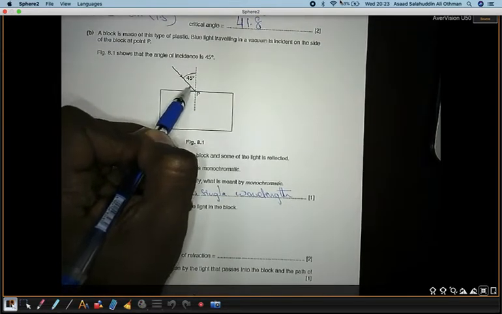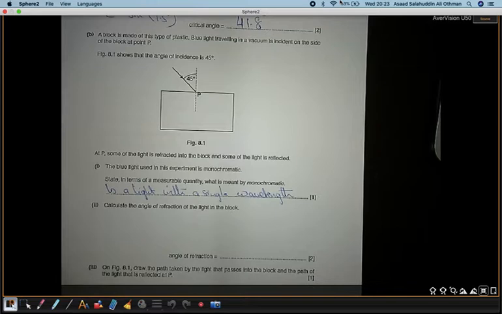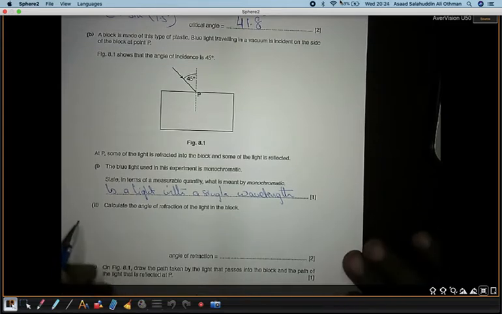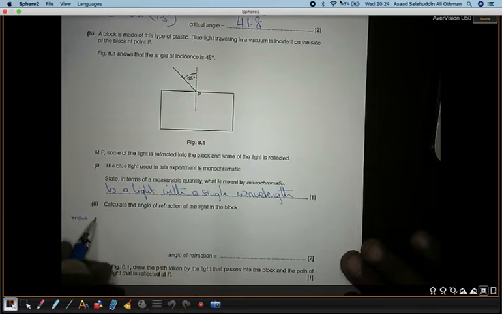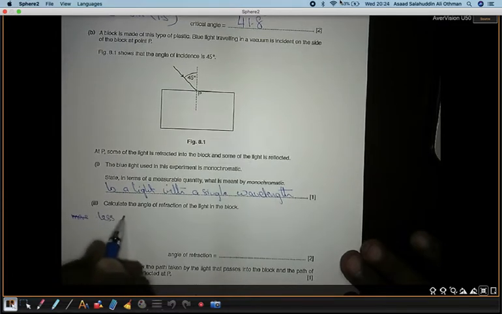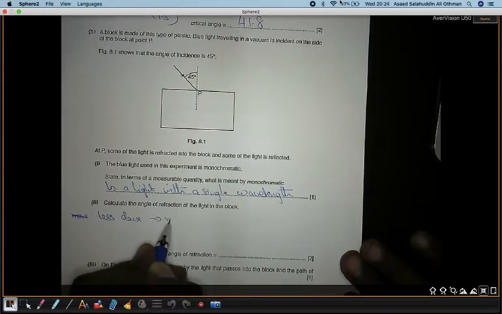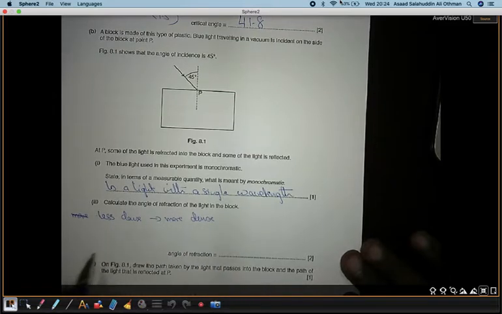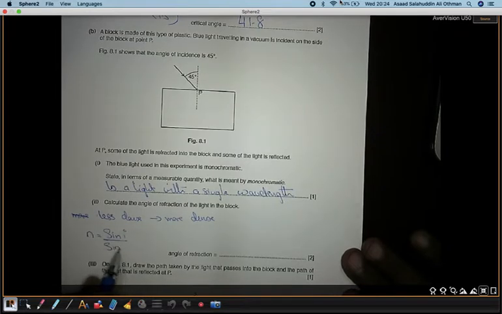Calculate the angle of refraction of the light in the block. So we have the angle of incidence is 45 degrees, and we want the angle of refraction. And they already gave us the refractive index, which is 1.5. If light is going from less dense to more dense, and I don't want you to write this in your answers, an easier way to do this is to say n equals sine i over sine r.